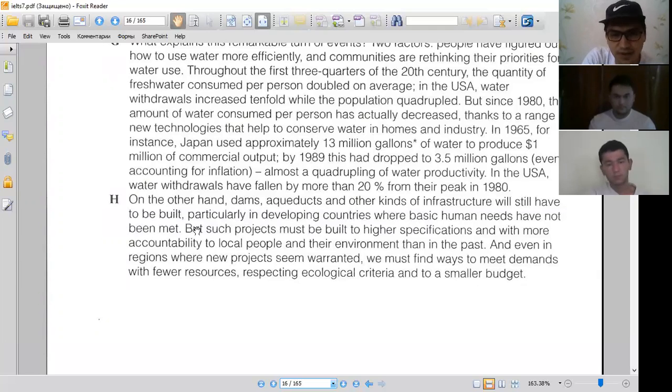So let's look for the governments. So, but such projects must be built to higher specifications with more accountability to local people and their environment than in the past. And even in regions where new projects seem warranted, we must find ways to meet demands with fewer resources, respecting ecological criteria and to a smaller budget.